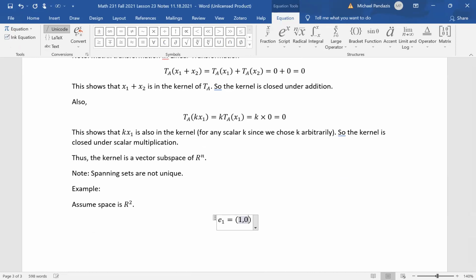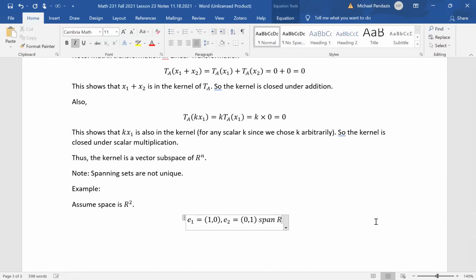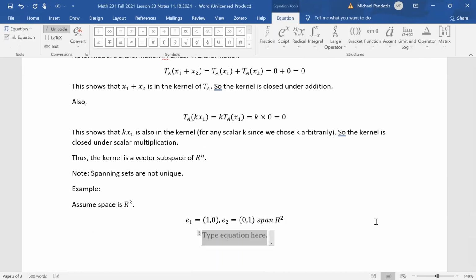So E1, which is (1, 0), and E2, which is equal to (0, 1), span R2. But it's also true that, let's say, this vector V1, which is equal to (1, 1), and V2, which is, let's say, (1, 0), these two vectors also span R2.